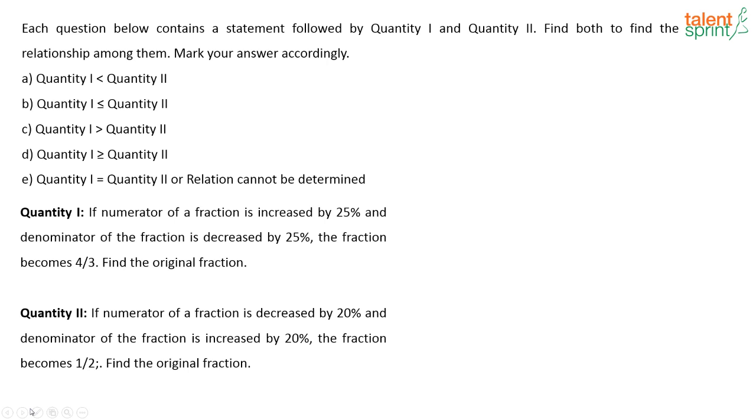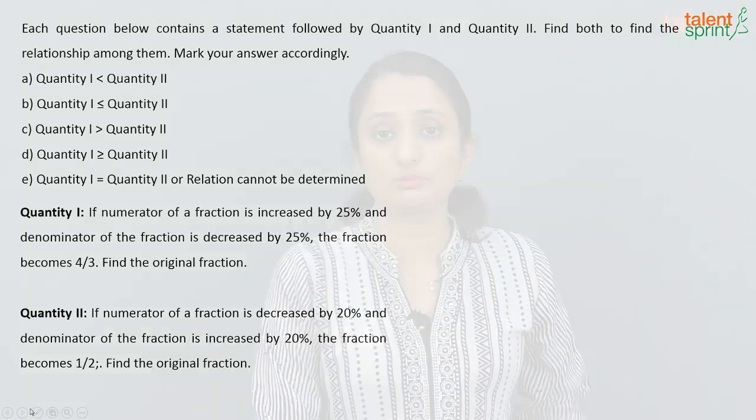So this question is on comparison. What is this question type? Generally you will be given two quantities here. You have to find out the value of the two quantities, quantity 1 and quantity 2, and then compare them. Say whether quantity 1 is greater than quantity 2, or quantity 2 is greater than quantity 1, or whether they are equal. When it comes to questions on comparison, keep in mind that it is not like data sufficiency questions, where we just say whether the given data is enough to arrive at the answer.